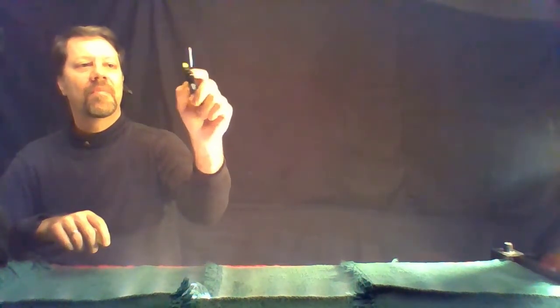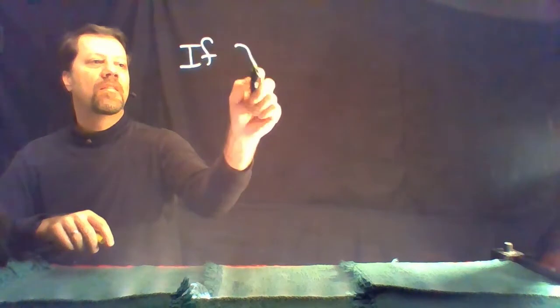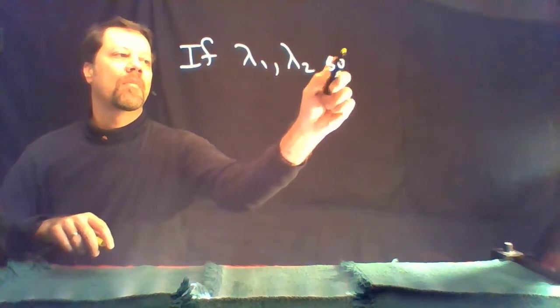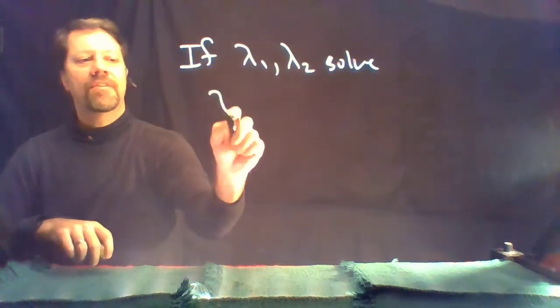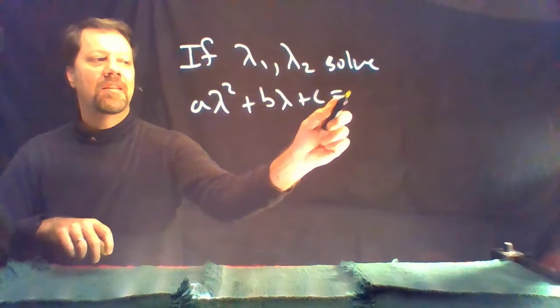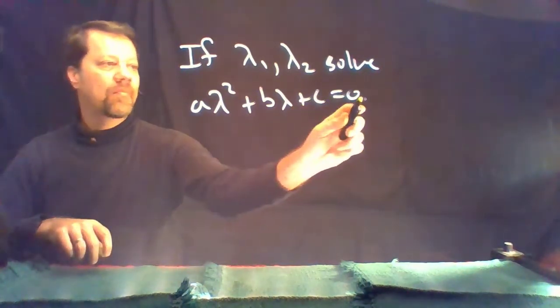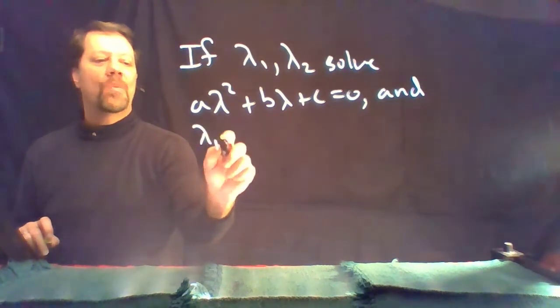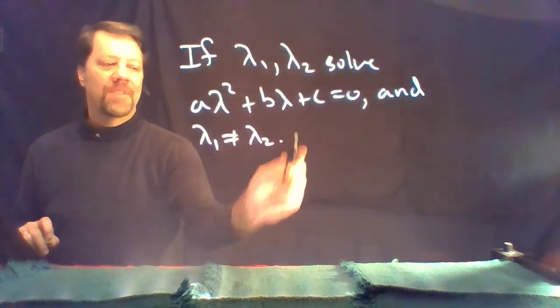So, suppose lambda 1 and lambda 2 solve the characteristic equation a lambda squared plus b lambda plus c equals 0. And let's also suppose that lambda 1 is not lambda 2.